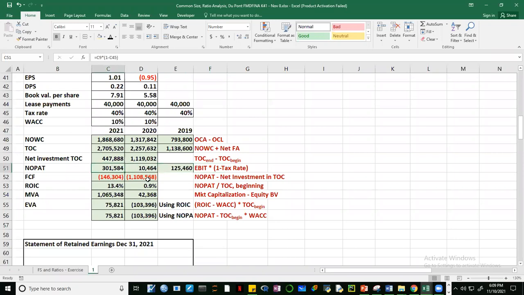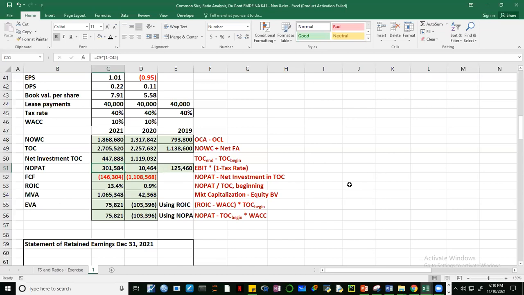So the free cash flow, we said, could be negative, and being negative does not necessarily equate to poor performance. It can, of course, it can. So we just don't take the value of free cash flow at face value. We have to dig deeper and see what's the cause of these negative figures.